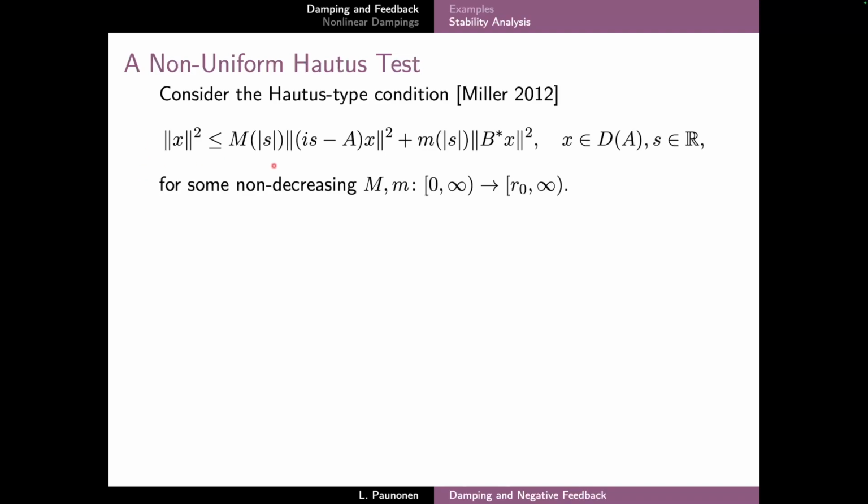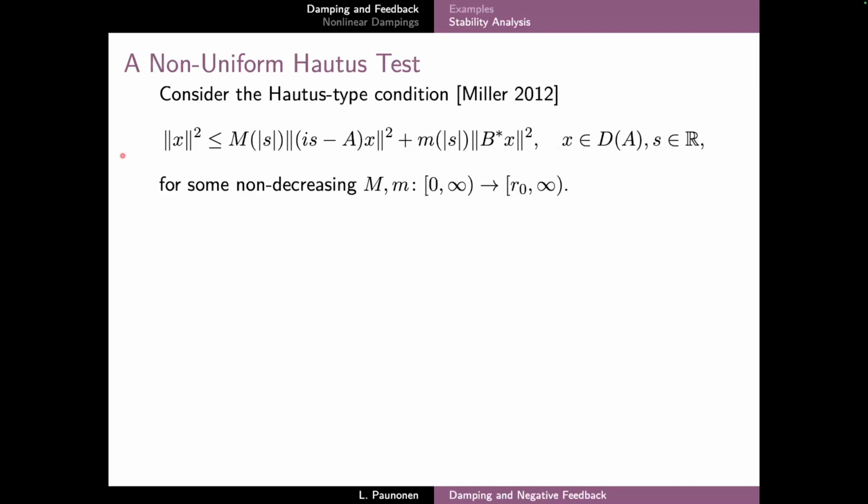So this is a parametrized set of inequalities where the functions m and capital M are non-decreasing and positive valued functions. And we would like to check that for some functions m and M, this condition holds for all values of the frequency parameter s, and for all elements x in the domain of A.